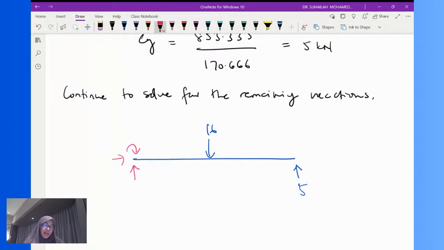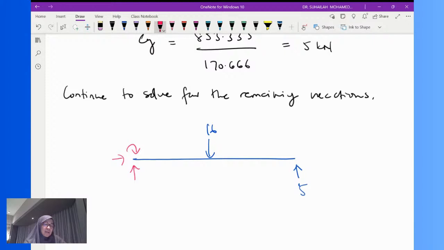So by just looking at the diagram, what is the value of Ay?